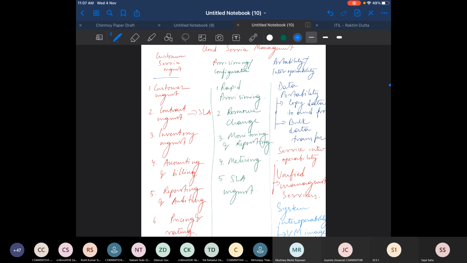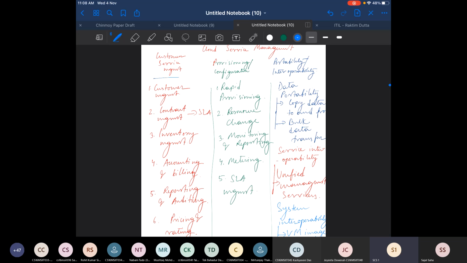Sir, metering. Metering means, suppose you are going for the service and provisioning and configuration, that is, for scale up and scale down processes. They will look after how your system is performing, and based on this, your metering will be checked.